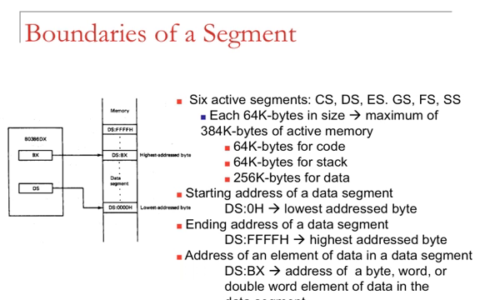The address of an element of data in the data segment, here's an example, ES colon BX. You have a 16-bit value here and a 16-bit value here. With the shifting and the addition, the microprocessor will be able to get a 20-bit address. That address can be used to access a byte, a word, or a double word.